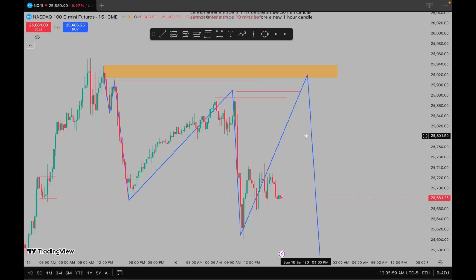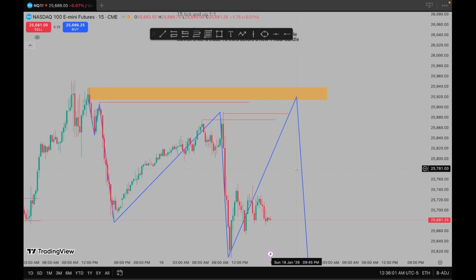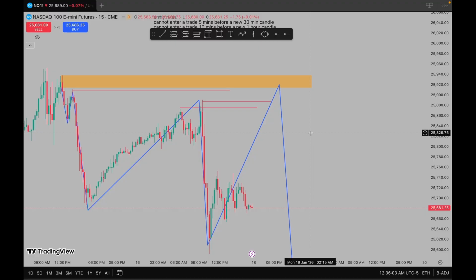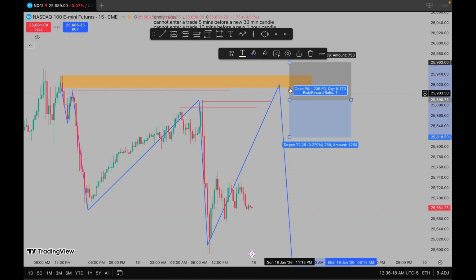You know what I mean? So you could micromanage it, I would say. If you had the closure outside of the zone and then a flip of the candle going into the sell side, I would enter and then do whatever the stop loss rule tells me to do, right?